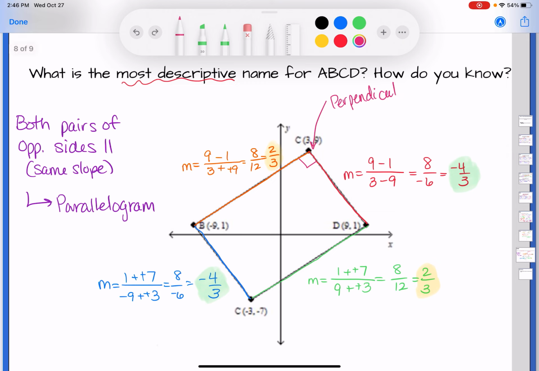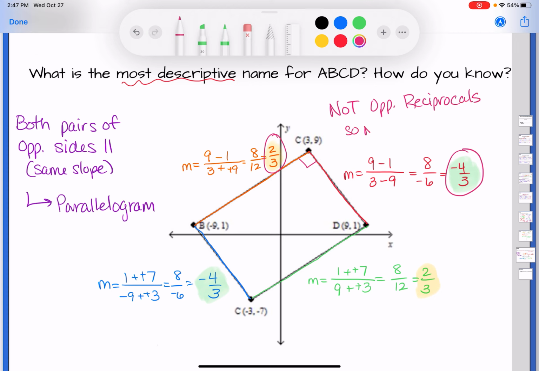Oh, but they are not, right? If I look at my two slopes that are right next to each other, they are not opposite reciprocals, which means that they're not right angles.